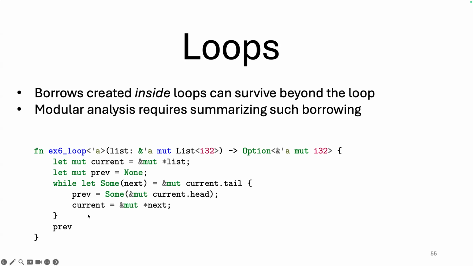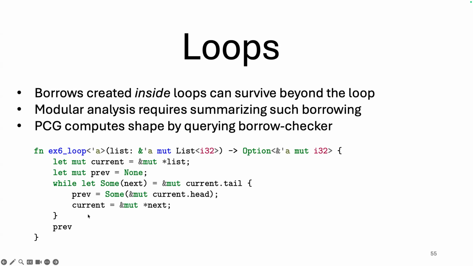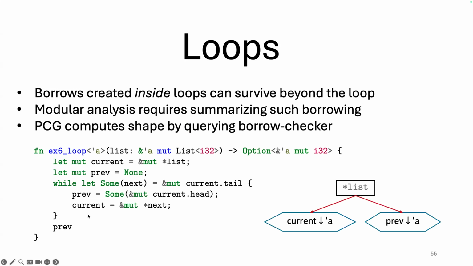And I won't go into too much detail how this is done, but we also just get this by querying the borrow checker for what borrows could be blocking stuff at the loop head. So the shape is constructed not by looking at the loop at all, basically, just by querying the borrow checker before even considering the loop.